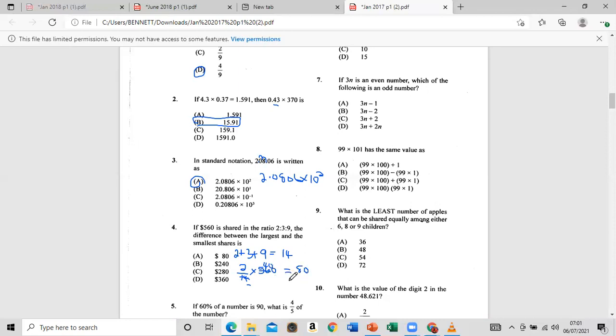So what this means is that 2 shares equal 80, so 1 share is 40.